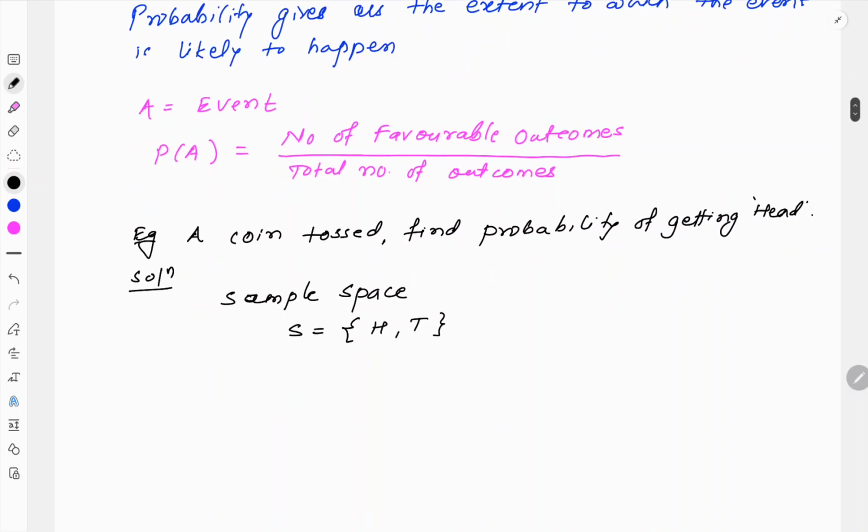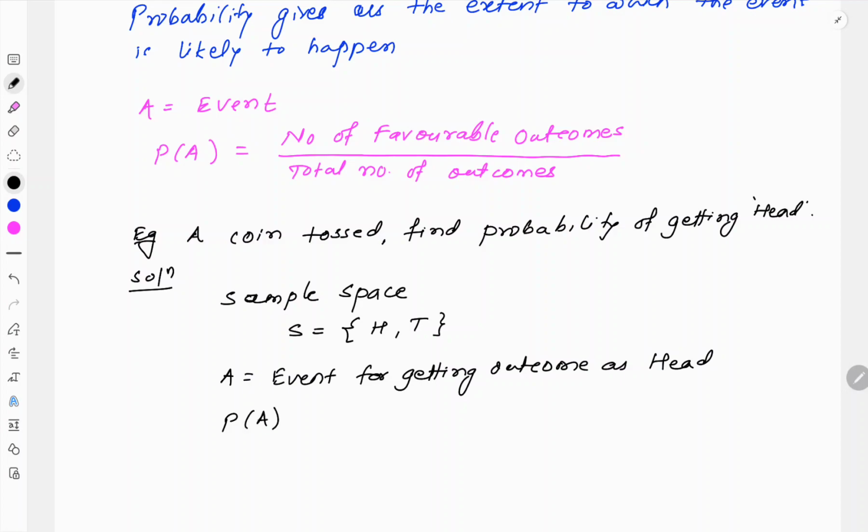Now we are supposed to find the probability of getting head. So let us say A is equal to the event for getting the outcome as head, and now we are supposed to find the probability of this event. So probability of A equals number of favorable outcomes. Here we need the outcome to be head.